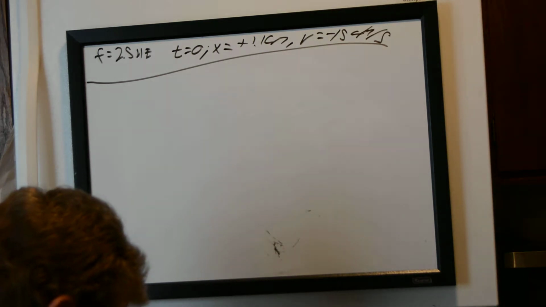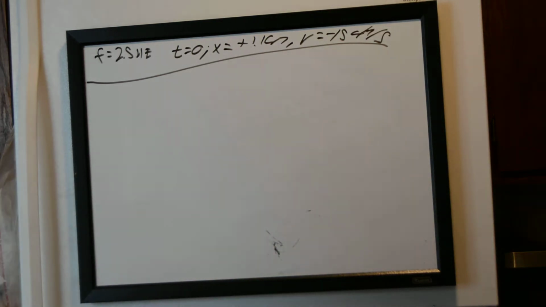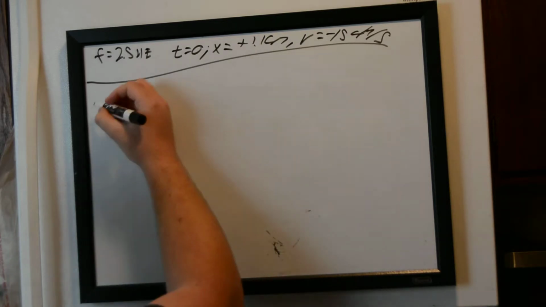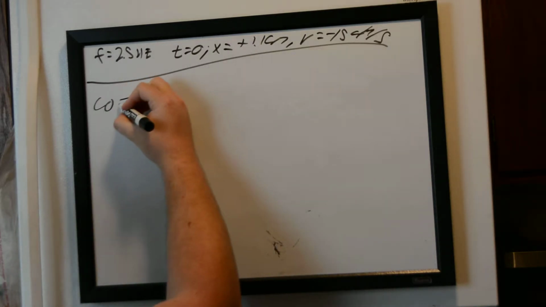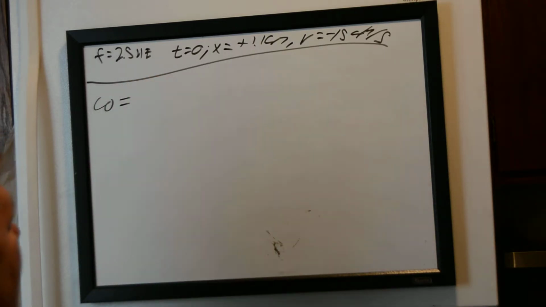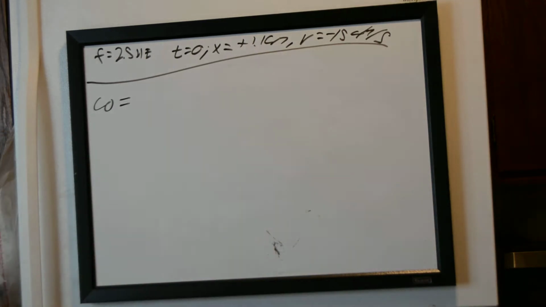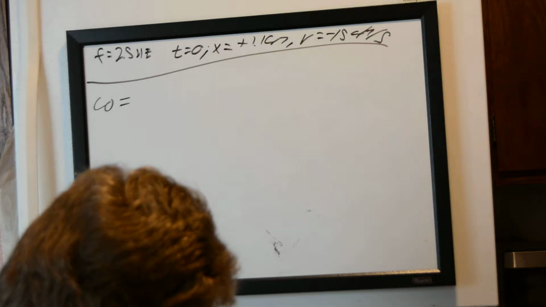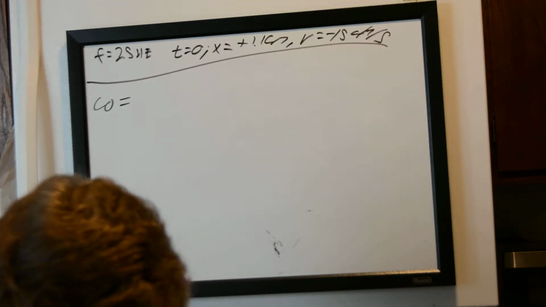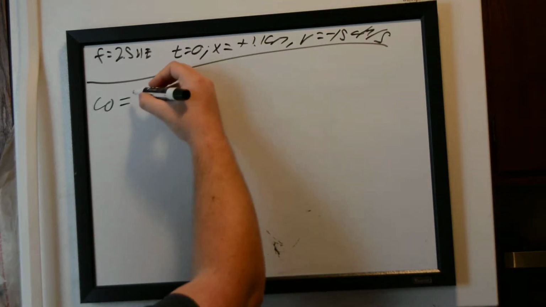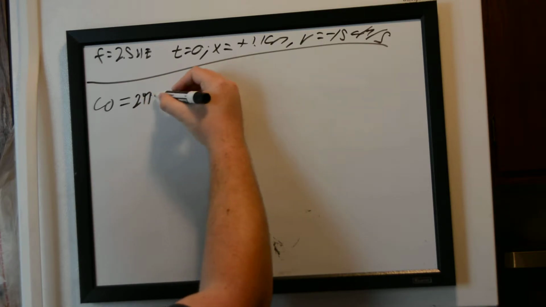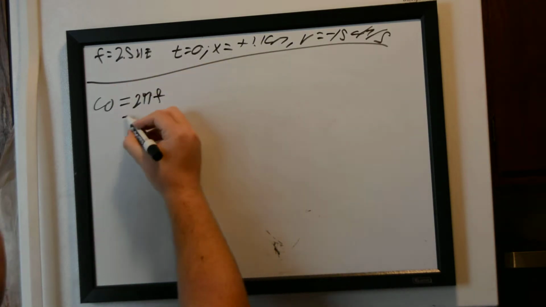And this one kind of gets a little bit fun. So let me see here. Since this is moving in simple harmonic motion, we're going to need to tie in our angular acceleration to find this. So we know that that is equal to 2 pi times our frequency, which we're given in the problem.